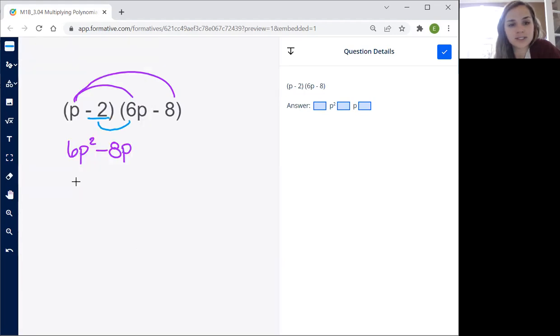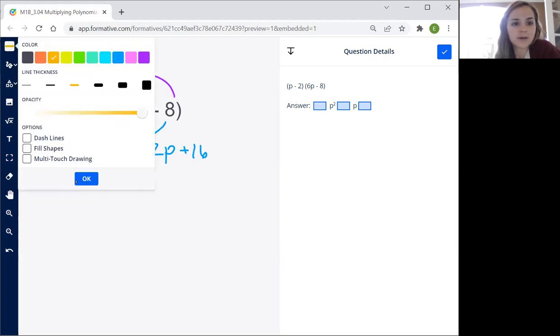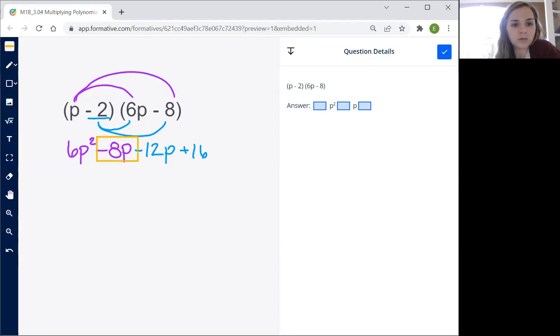Negative 2 times 6p is negative 12p. And negative 2 times negative 8 is a positive 16. Combine your like terms in the middle. Negative 8 plus negative 12 is negative 20p. And then we have plus 16 you want to bring on down, and 6p squared. So you put that all in there, we get 6, negative 20, and 16.